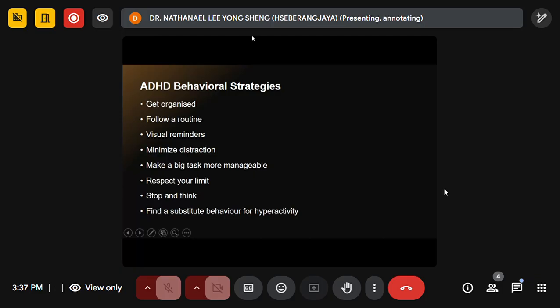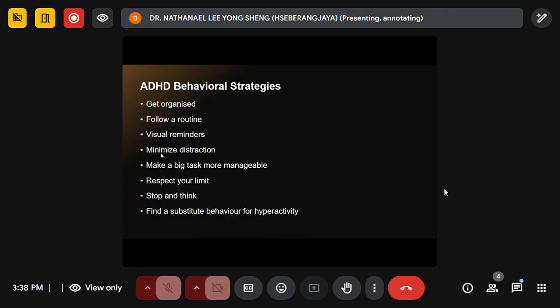So to be organized is very important, and to follow a routine so that they get into order for the things they are doing, and hopefully by doing the routine, they will have less forgetfulness and stay more on track. Visual reminders will also play a role, as they tend to be very forgetful, to remind them of important tasks and appointments.